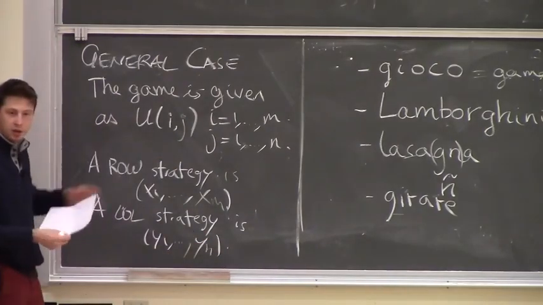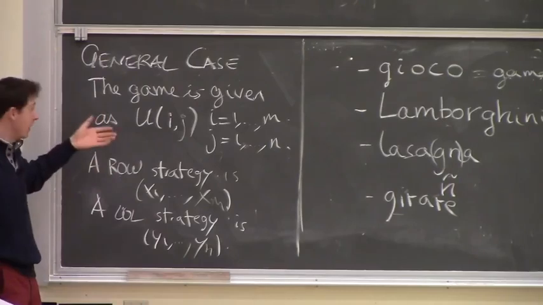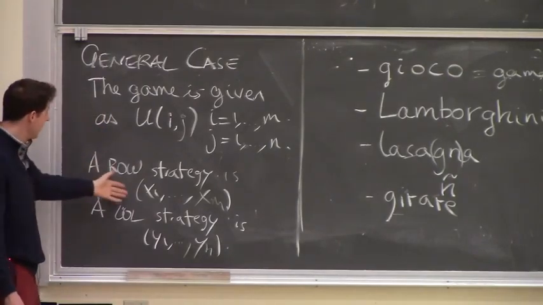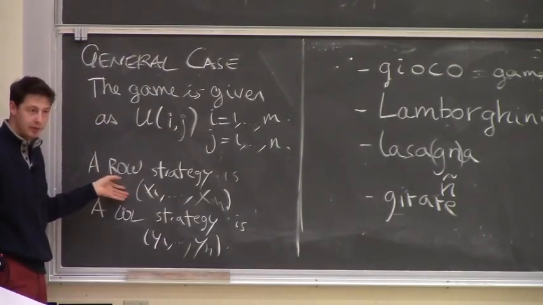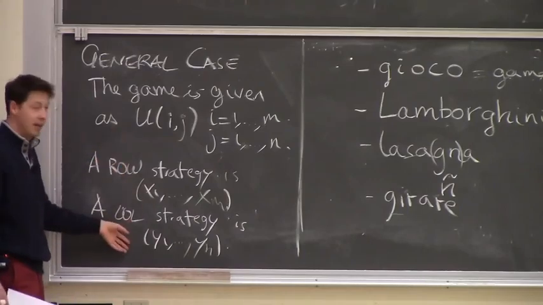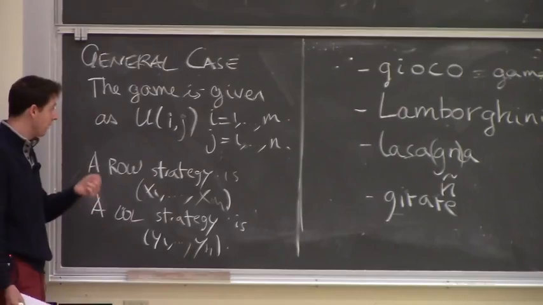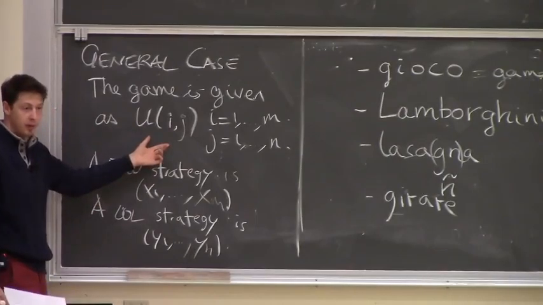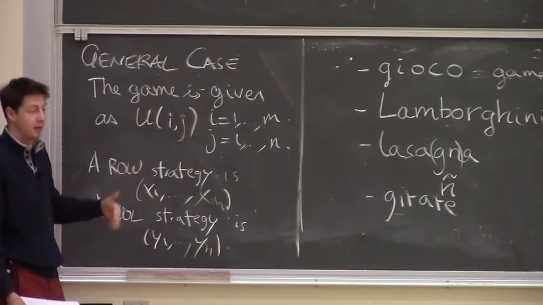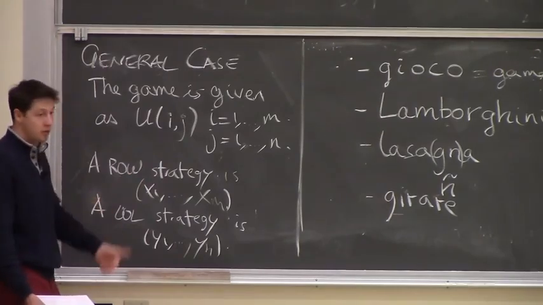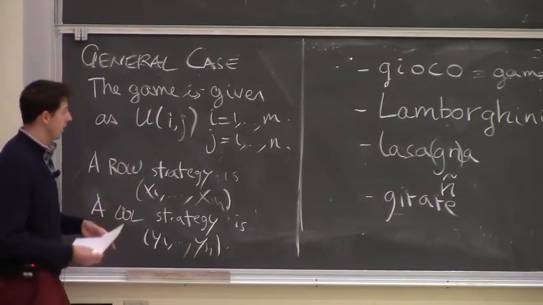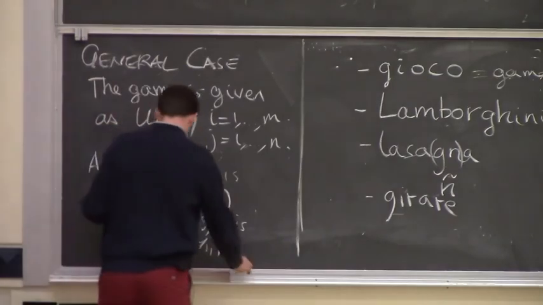Do we agree? This is like a general formulation. If you give me a game that looks like this, in general, I can play as a row player any out of the m options, and any out of the n options. And for any particular actual outcome, i comma j, there is a corresponding payoff for the row player. The row player wants to maximize this thing, and the column player wants to minimize it.